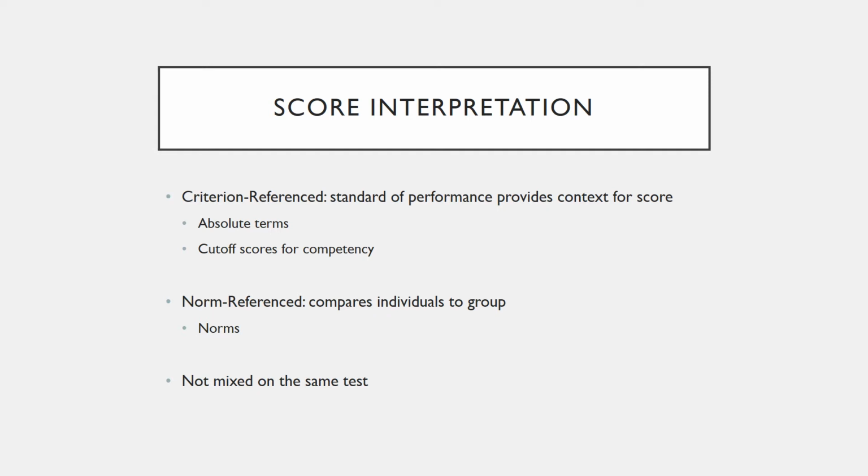Generally, we don't see a mixture of criterion referenced and norm referenced interpretation on the same test. This is not really recommended. Typically, your assessment will be one or the other. Now, you might put together a battery of tests that includes a norm referenced test and a criterion referenced test, but you would interpret and talk about those scores separately from each other.